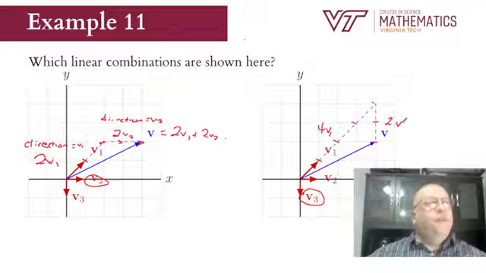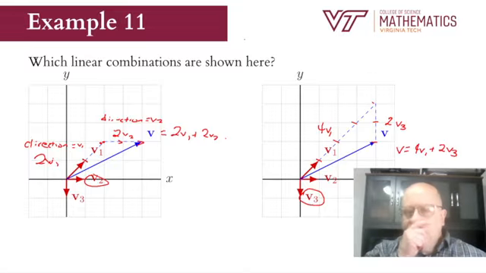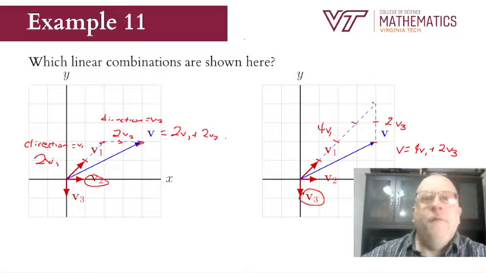And so this is 2 times v3. And so the vector shown in this illustration is 4 times v1 plus 2 times v3. And so we can figure out what a linear combination is from a diagram or from just having the algebra, the numbers given to us.